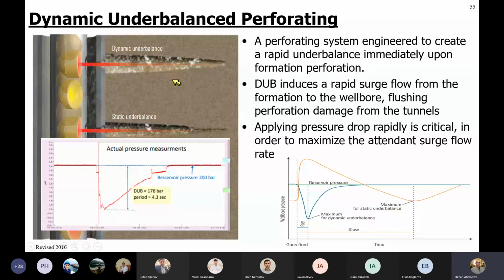The original wellbore pressure was around or even higher than the reservoir pressure. So as the reservoir fluid rapidly flows into the wellbore, the pressure in the wellbore is also getting balanced and equalizing with the reservoir pressure.